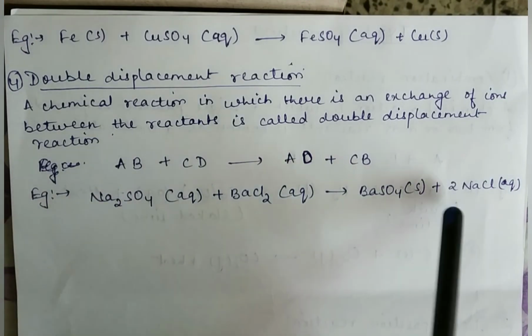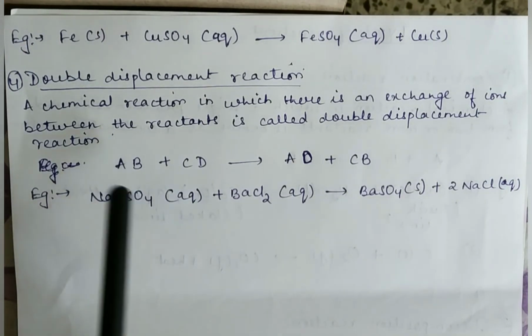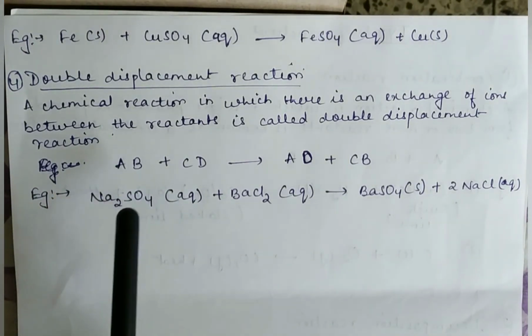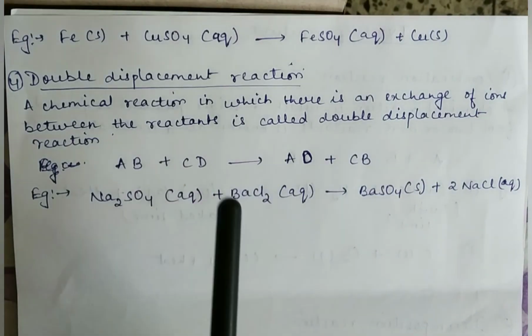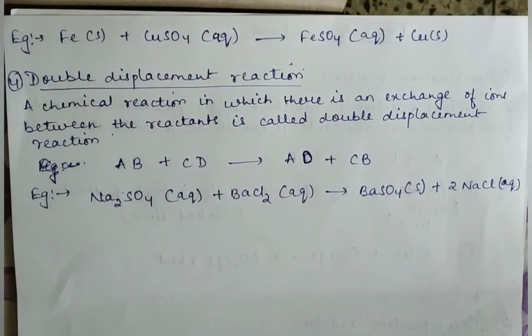Here I have taken the example of sodium sulfate and barium chloride. This example we have studied in the previous class also, if you remember, while learning balancing of chemical reactions.